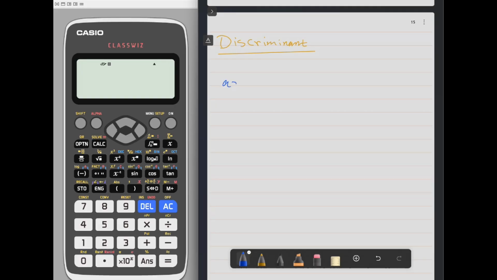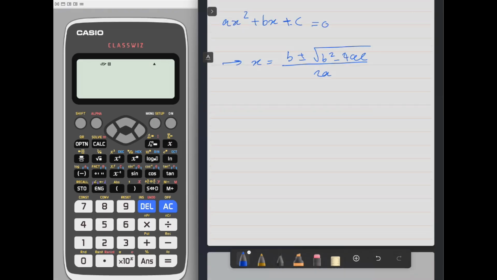So let us see what makes it hard about discriminants. So guys, for quadratics, ax squared plus bx plus c equal to 0, we had a formula, right? We had x equal to minus b plus or minus root b squared minus 4ac divided by 2a. So guys, I have a question.